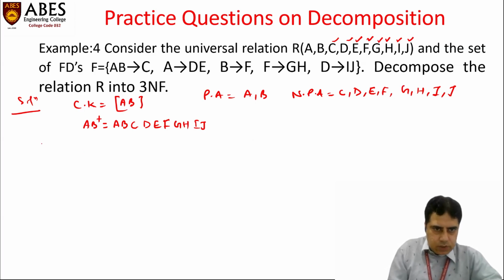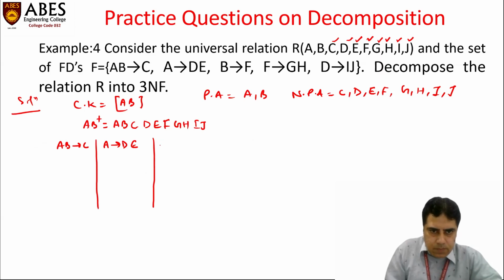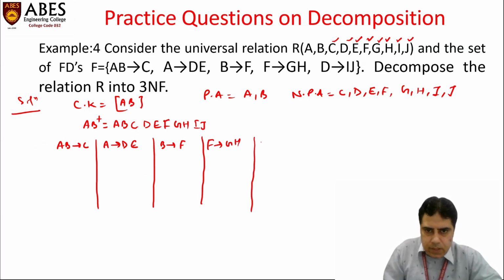Now take the functional dependencies: AB determines C, A determines DE, B determines F, F determines GH, and D determines IJ.